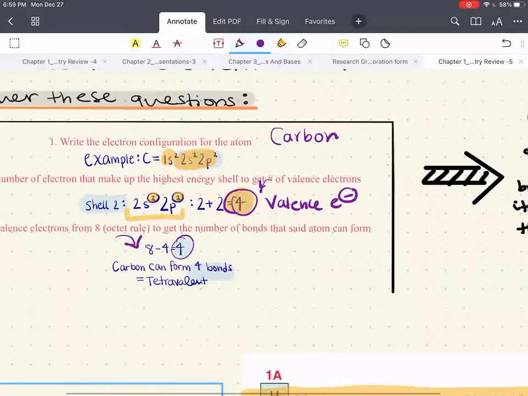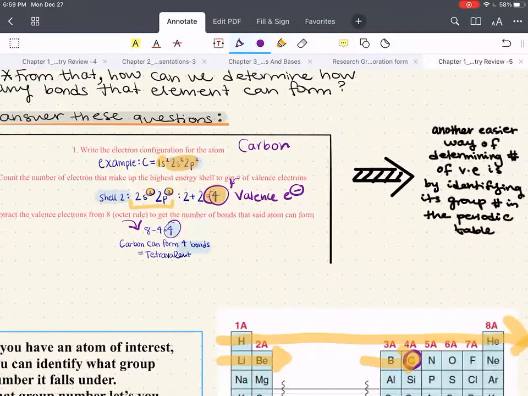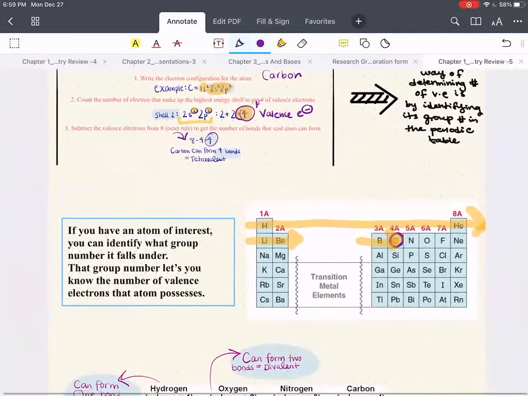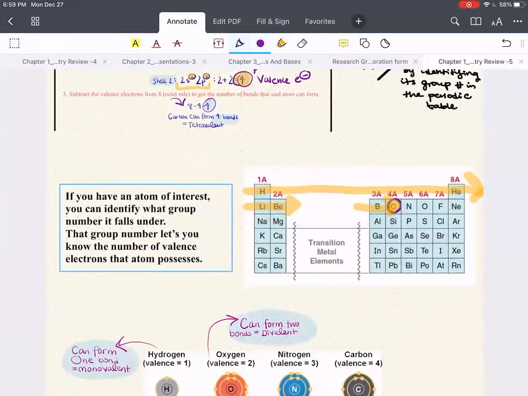There is another method, and it's a little bit easier, and it's the periodic table method. If you have an atom of interest, you can identify what group number it falls under. That group number lets you know the number of valence electrons that atom possesses.